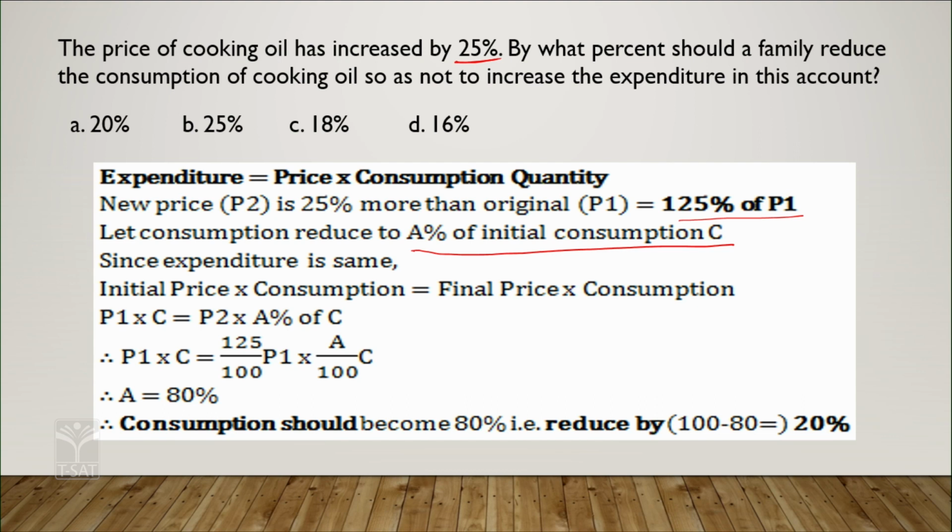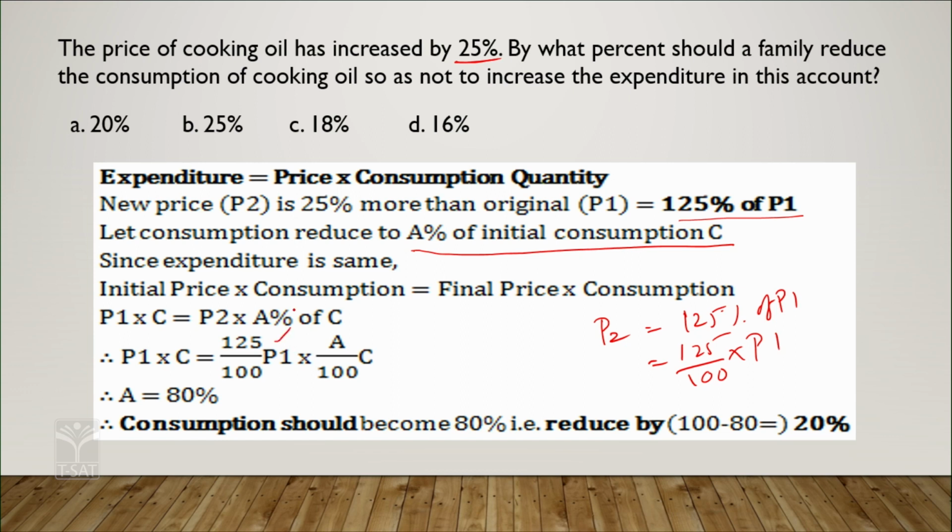So, P1 into C is equal to P2 into A% of C. P2 is equal to 125% of P1, means simply 125 by 100 into P1.